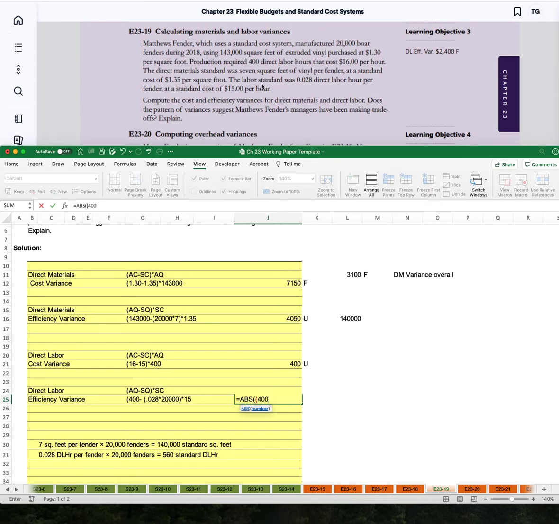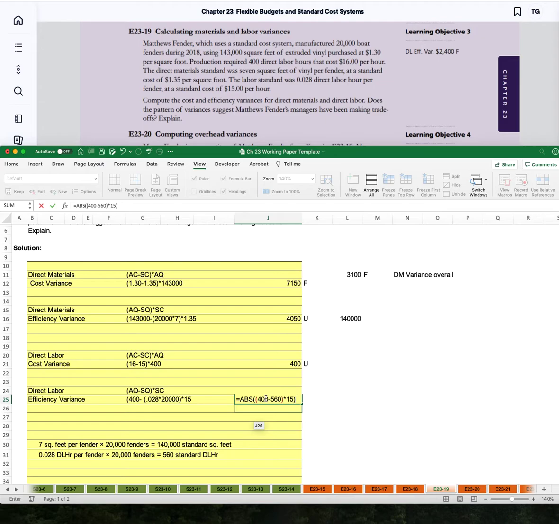So our actual quantity was 400, the standard quantity was 560, times 15, close parentheses. And so we know that this is going to be favorable because we were expecting it to take 560 labor hours, but it only took 400 labor hours.